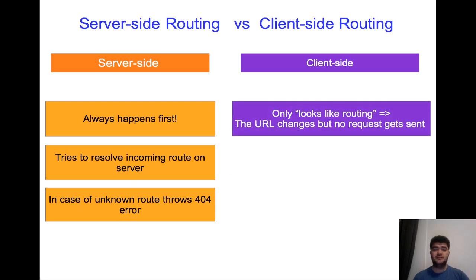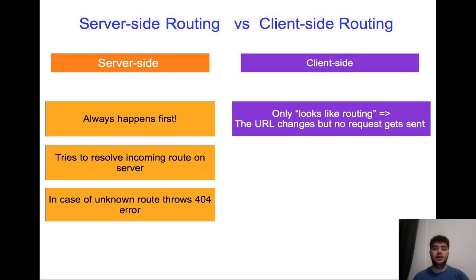Actually, it's not routing like server side. The URL changes and also the page changes, but it only happens with the help of re-rendering the components. Actually, it's not the whole page that renders again. It only re-renders the components, so the URL changes but no request gets sent.